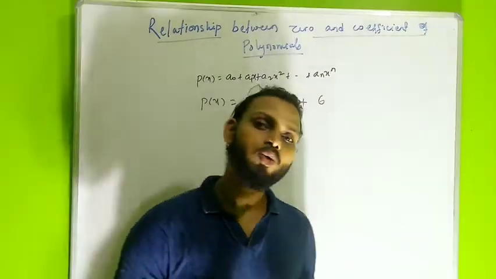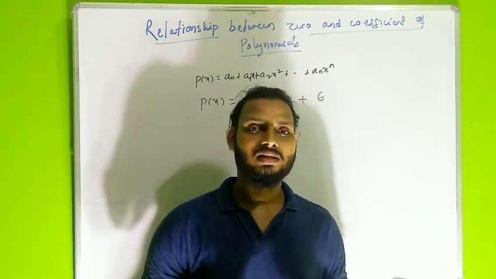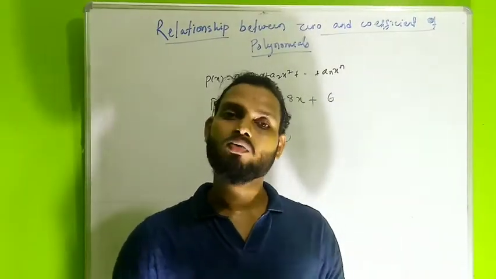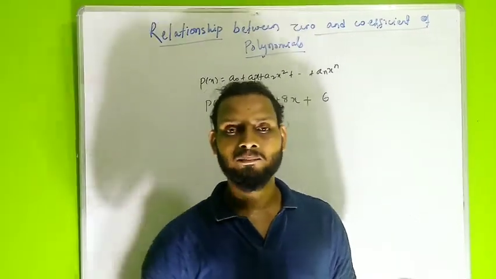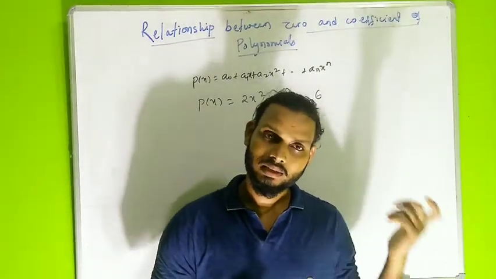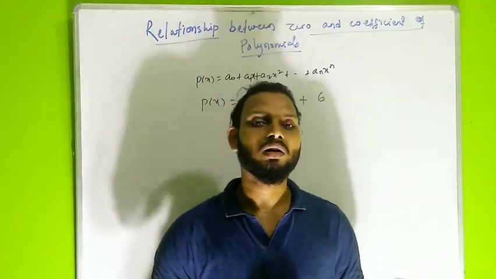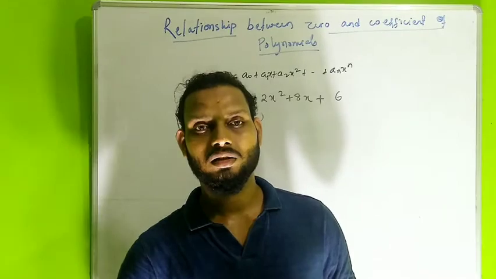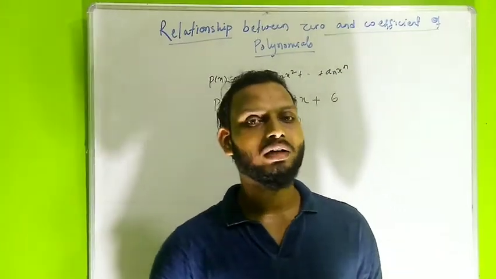So first of all, how do we find the zeros of this polynomial? In the last class, I told you how to find the zeros of a quadratic polynomial. Also in class 9, you came across a method called middle term factorization. By doing the middle term factorization, you have solved quadratic equations.